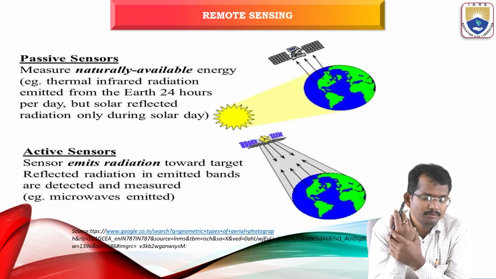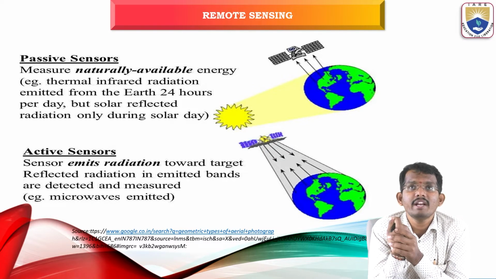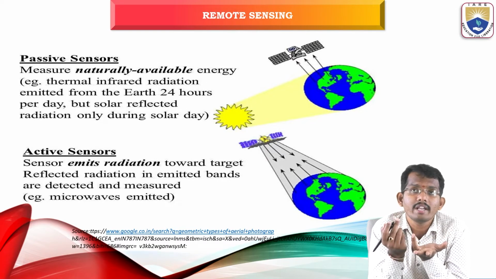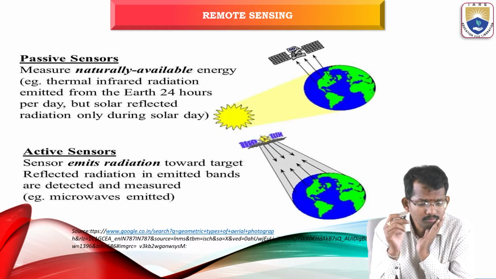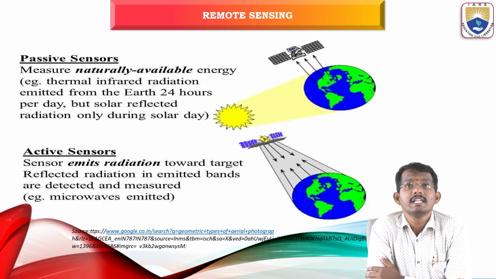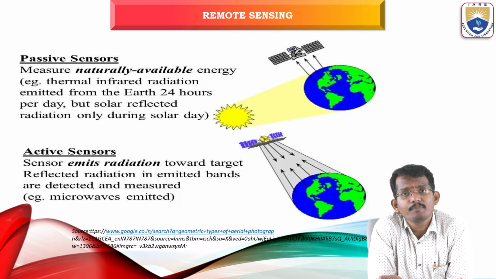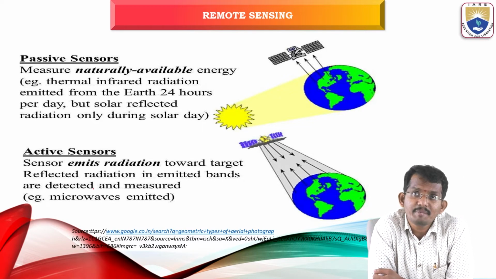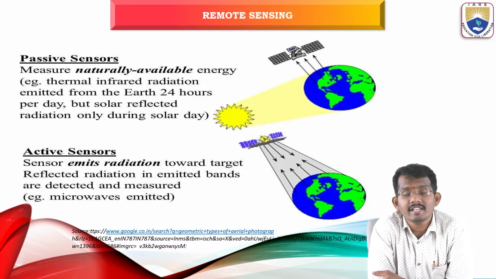Passive remote sensing measures naturally available energy, that is, thermal infrared radiation emitted from the earth 24 hours per day, but solar reflected radiation only during the solar days. Here in active remote sensing, the sensor emits radiation towards the target, and the reflected radiation bands are detected and measured.